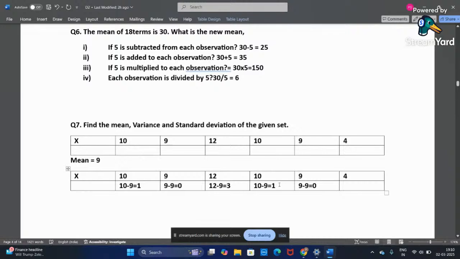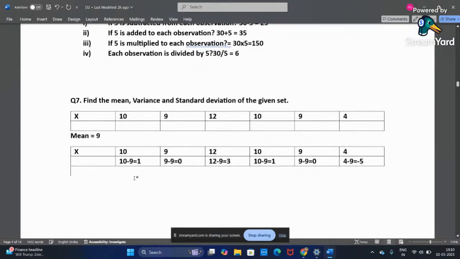And 4 minus 9 is minus 5. To find the variance, we are just subtracting these from the mean value. Then we need to square all these numbers: 1, 0, 3, 1, 0, minus 5. These numbers we need to square.